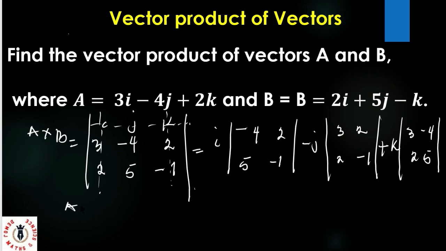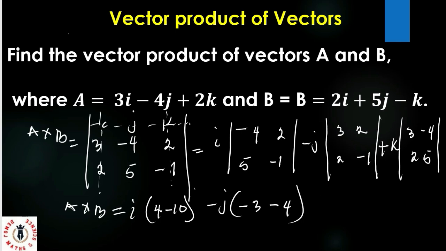So that A times B now will be the same thing as i into minus 4 times minus 1, that's 4, minus 16 for 4 times 5... minus 10 as computed, minus j into 3 times minus 1, that's minus 3, minus 8, plus k now into 3 times 5, that's 15, minus 2 times minus 4, that's minus minus 8.